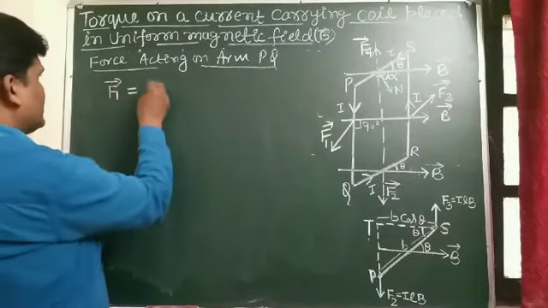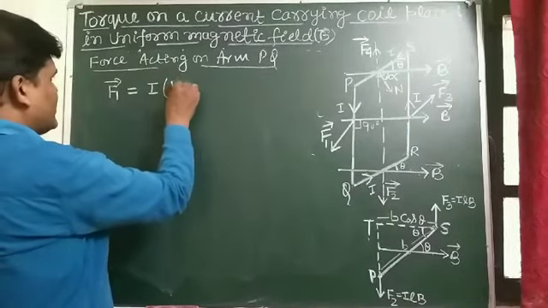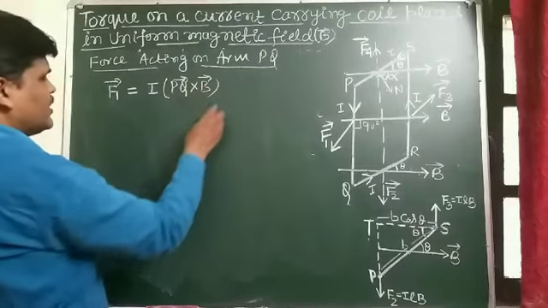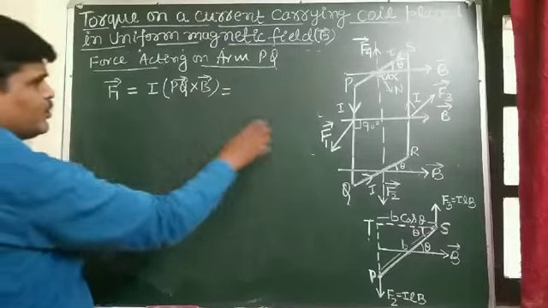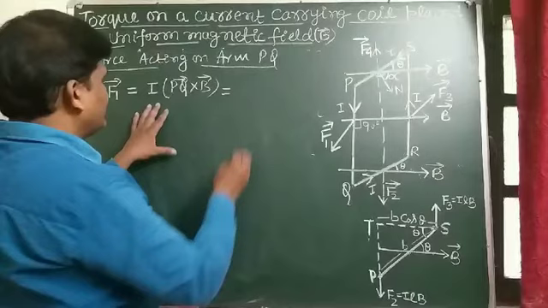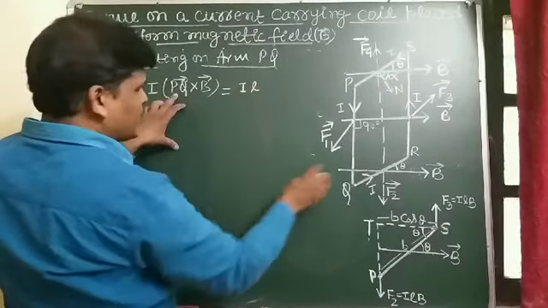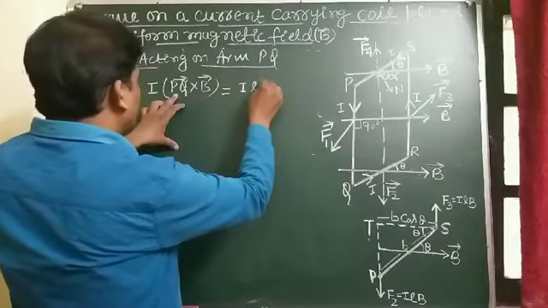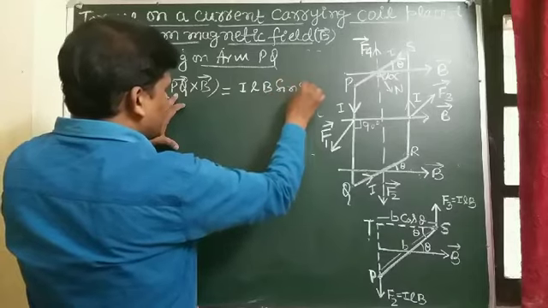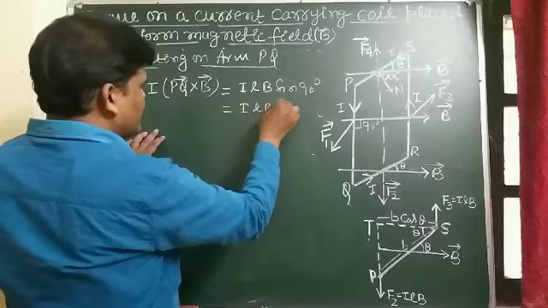And student, here we write IL, that is PQ vector, ILB cross. So it can be written as, here angle between PQ, current element and magnetic field, is 90. So it can be written as IL PQ, that is LP, ILB sine 90, and it can be written as ILB.